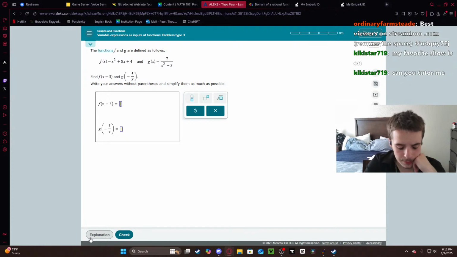So then we FOIL the first one, and we get x squared minus 3x, 6x, 6x plus 9.